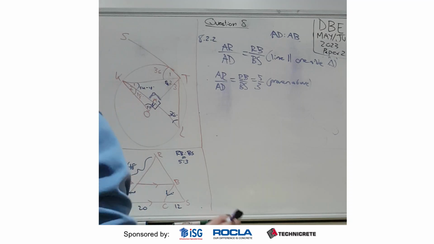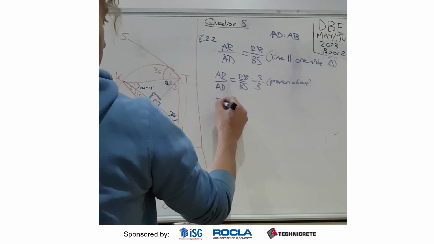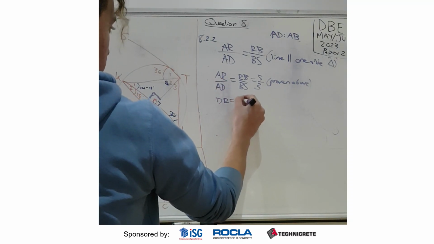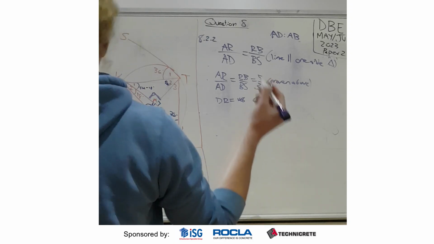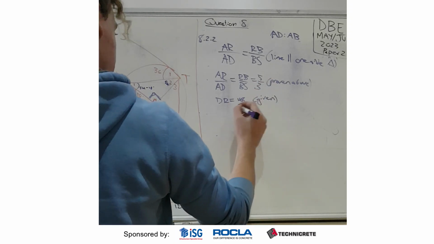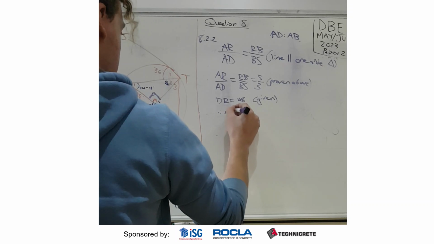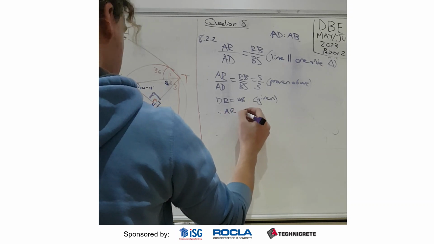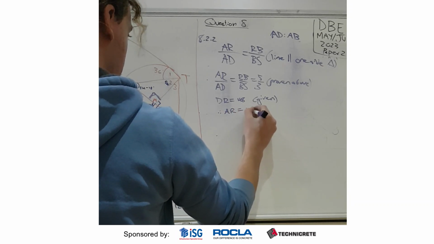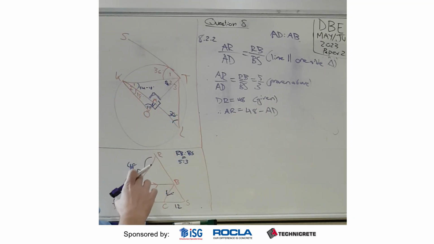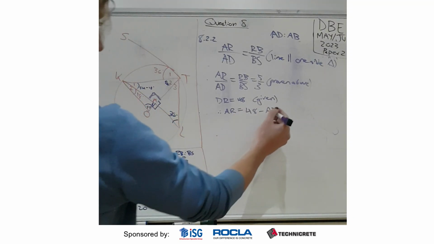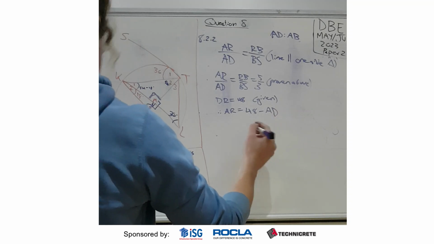And we know that DR is 48, right? That's a given. So, AR is 48 minus AD. Okay, that part should be fairly clear.